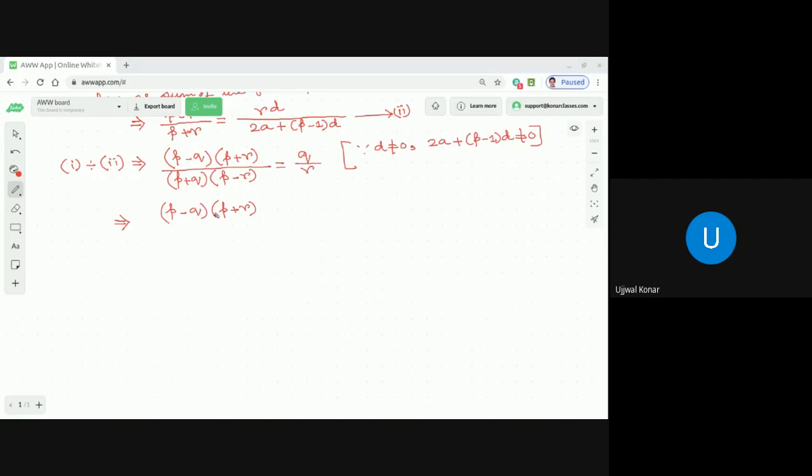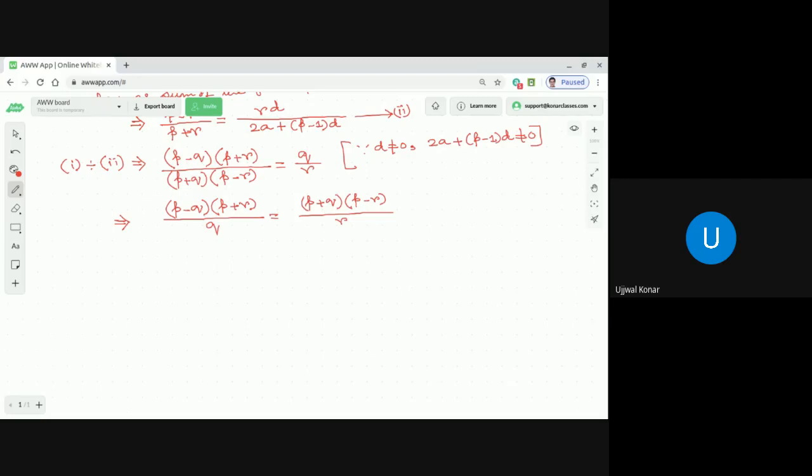That we already got. Now let me simplify it further. So that means P minus Q into P plus R divided by Q is equal to P plus Q into P minus R divided by R. Correct, no?